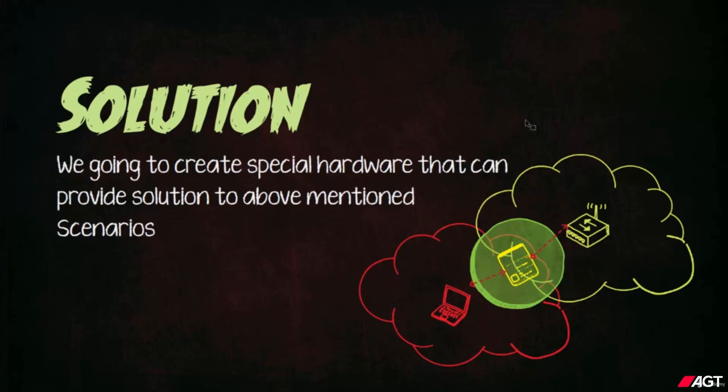So the solution is we are going to create a special hardware that can provide a solution to the above mentioned scenarios. In the next video, I'm going to show you what this hardware is and how we are going to create it.